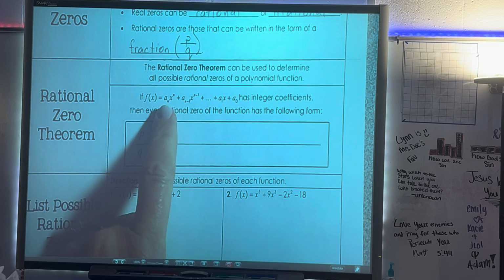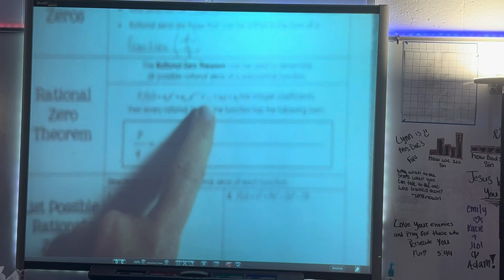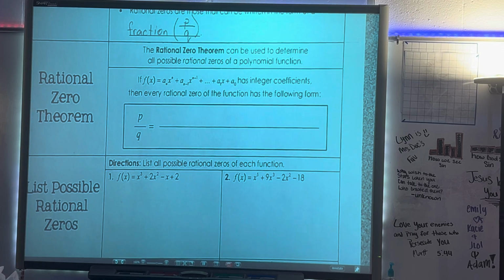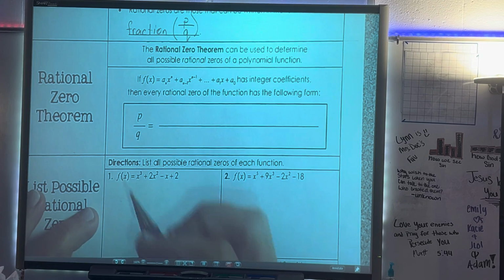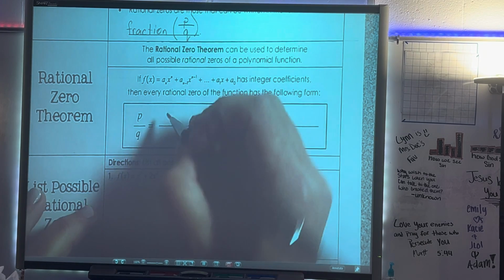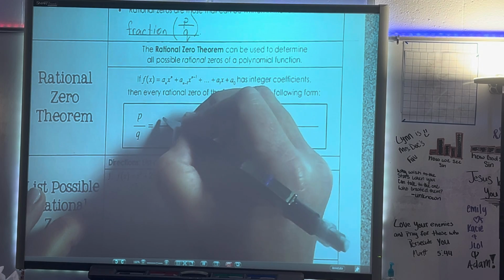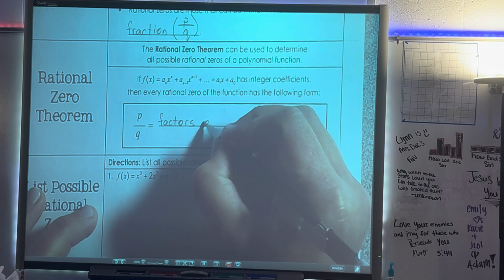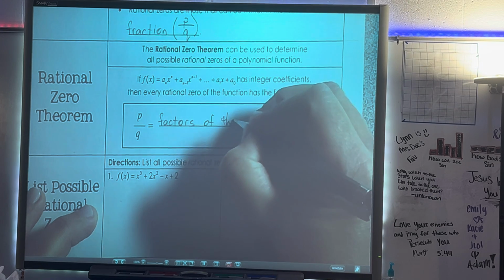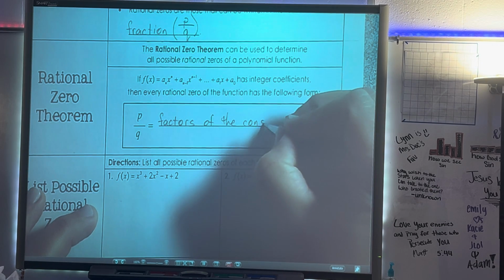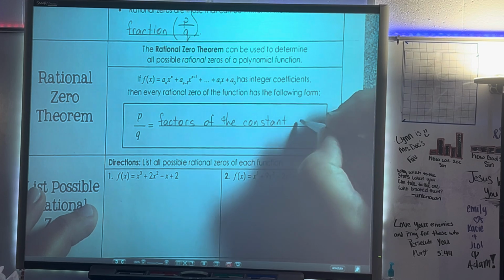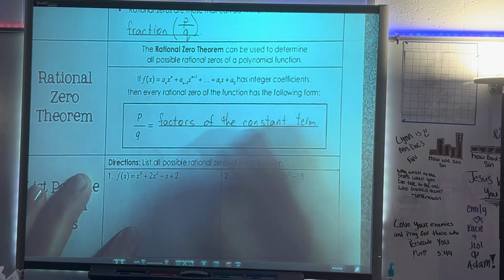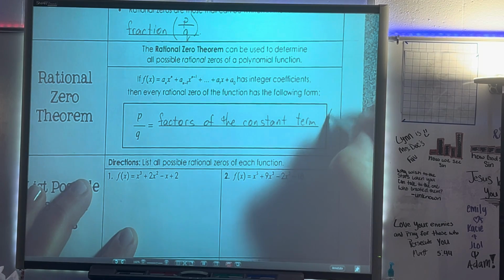We've kind of seen this before. This is just a demonstration of a lengthy polynomial function that we can keep raising the power. So the p are going to be the factors of the constant term at the back, that would be your a sub 0.